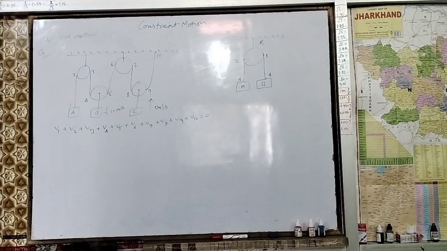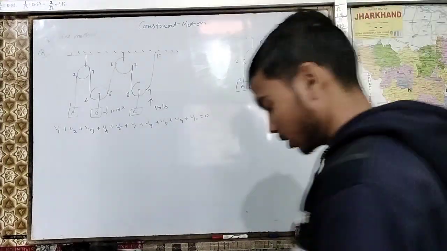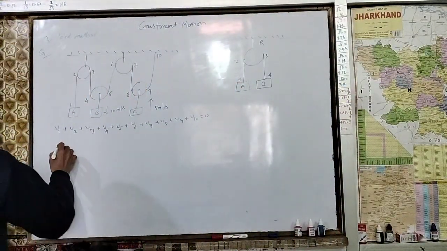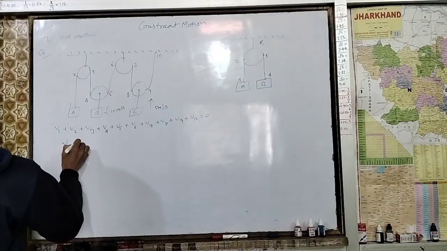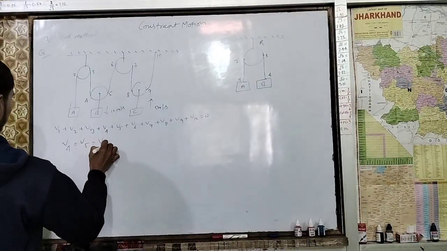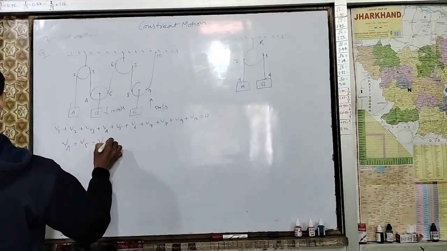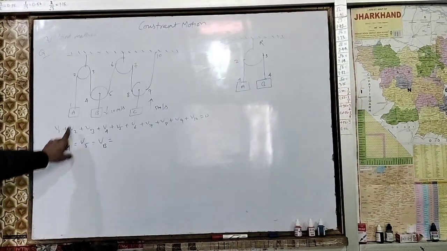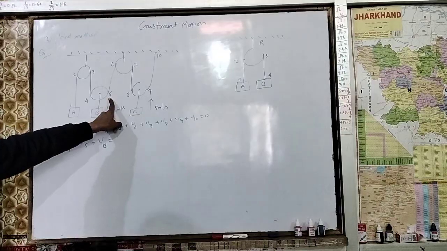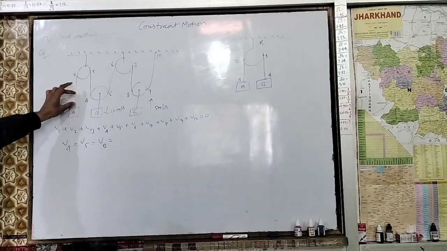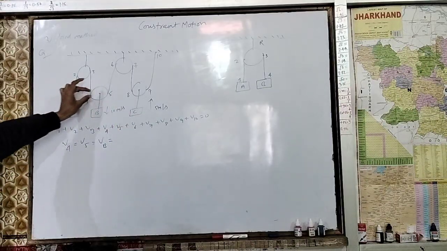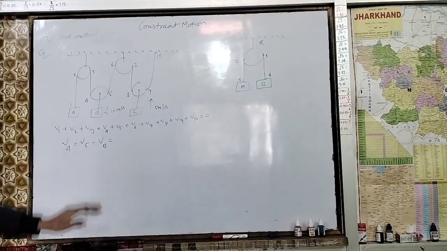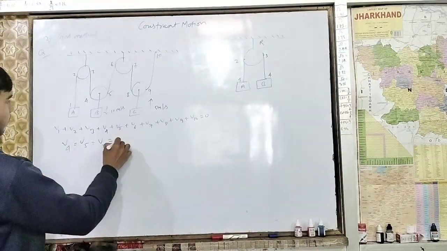So over here, V4 is equal to V5, which is equal to VA, isn't it? Look at over here. V4 is equal to V5. Velocity over here is the same. So velocity of A will be equal to 10 meter per second.